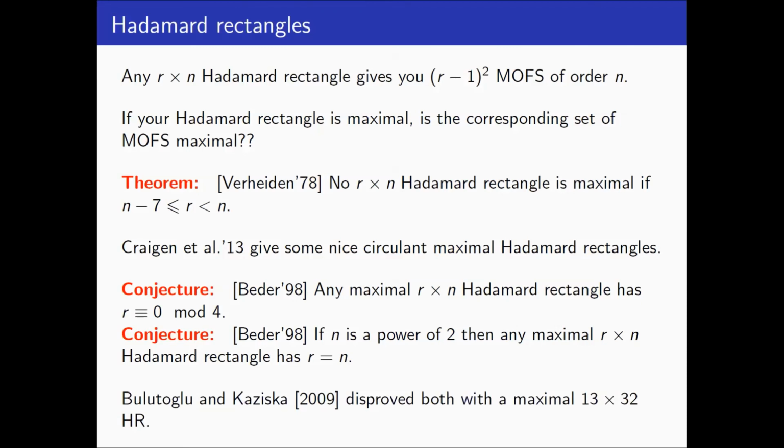But if you go a little bit further, then you soon discover that's not true. Anyway, in some of these papers there are some constructions that would give you things which are verifiably maximal Hadamard rectangles. The question is whether any of those arguments transfer to maximal sets of MOFs, and I'll stop there.